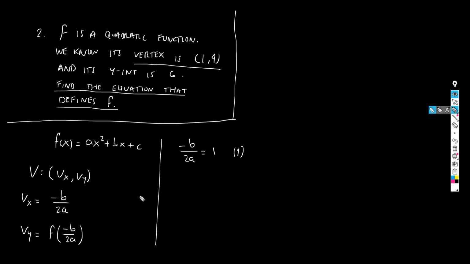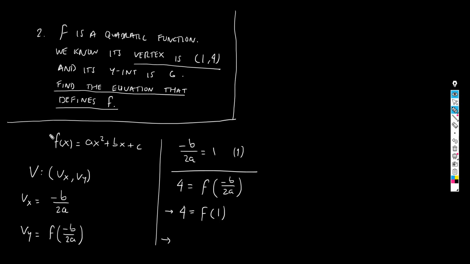Vy is 4. So Vy is equal to the function evaluated in minus b over 2a, and since Vy is equal to 4, I can write 4 equals the function evaluated in minus b over 2a. I'm going to do it very slowly. Next, I can say that 4 equals the function evaluated in this number, which is 1 according to my first equation. So 4 is equal to f evaluated in 1.